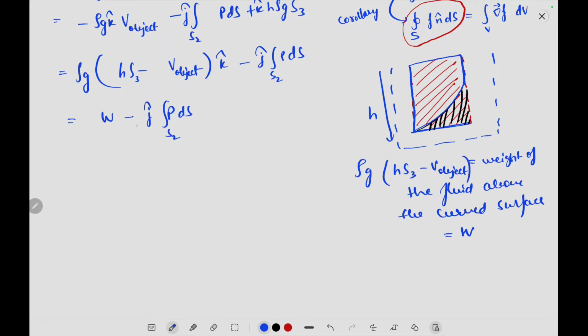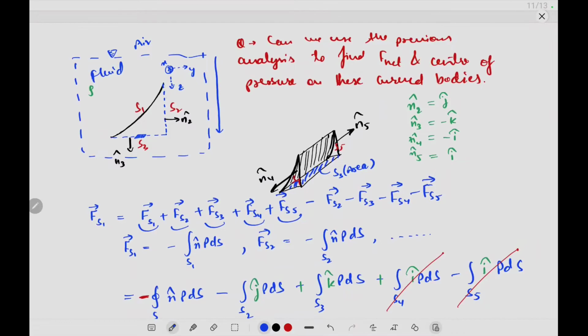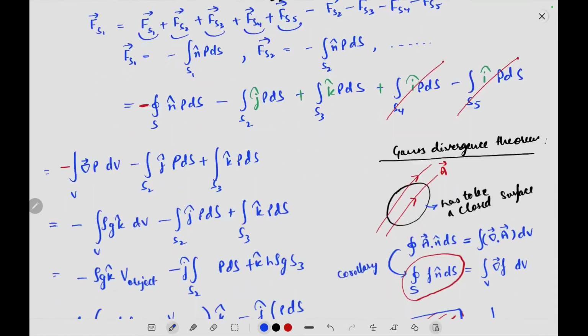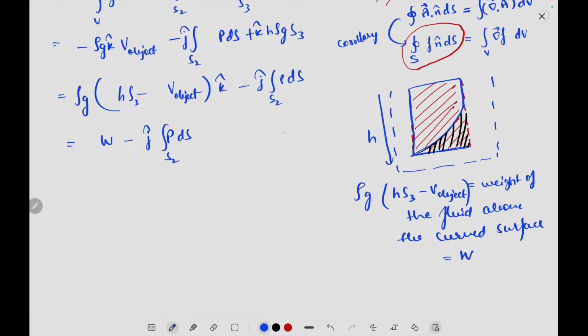Now what is this term? Let's understand this. Now what is S2? S2 is the flat surface, and we have already done analysis for the force on such kind of flat surfaces. And what was the force value? The force value was, so minus integral PDS will be the force value, and that force value we know is equal to H centroid rho g times the area of that surface, right?